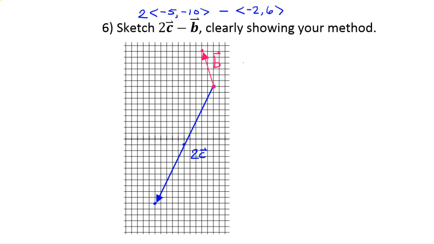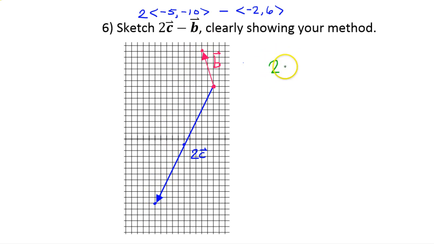Now, whenever I am subtracting, sure, I put the vectors that I want to subtract tail to tail like this. But the difference, the resultant vector, will go from terminal point to terminal point across like this. But the order you have to be very careful with.